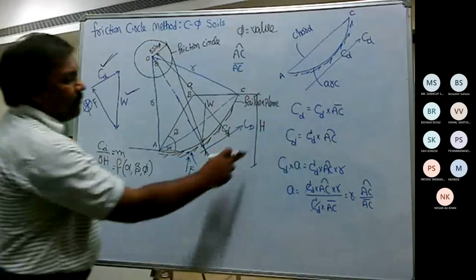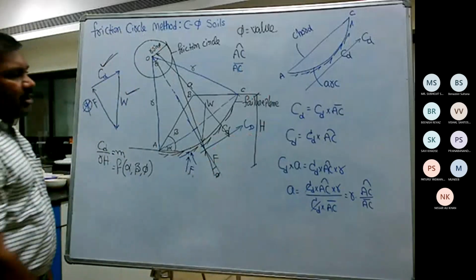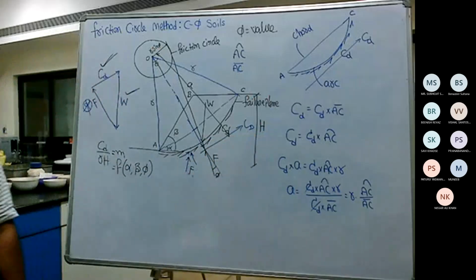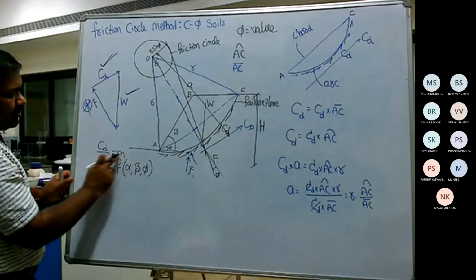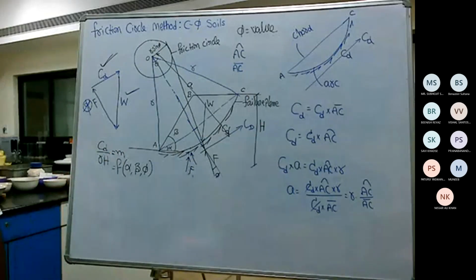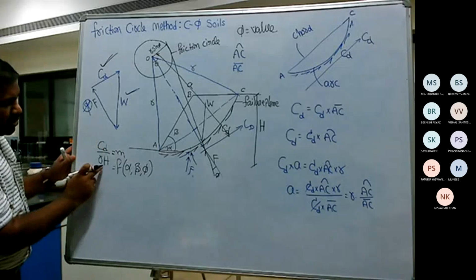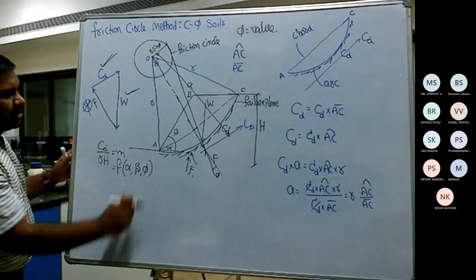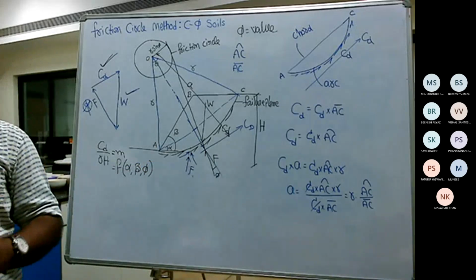But the height of the embankment is also one of the critical important parameters, so CD should be a function of H. That is possible only when you take the stability number. So the stability number is CD by gamma H, which can be correlated as a function of alpha, beta, phi. So these are the parameters.